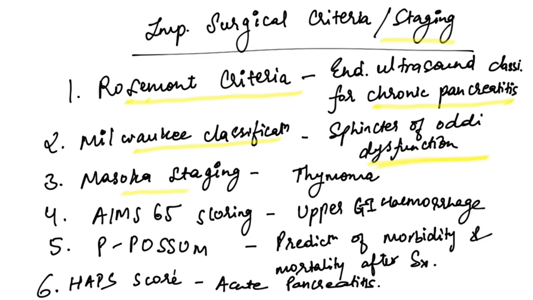Now, Masaoka's staging is for thymomas. Now, AIMS65 scoring is for upper GI hemorrhage. POSSUM is for prediction of morbidity and mortality after surgery, and HPS score is for acute pancreatitis. So they are very important and nowadays very much asked.